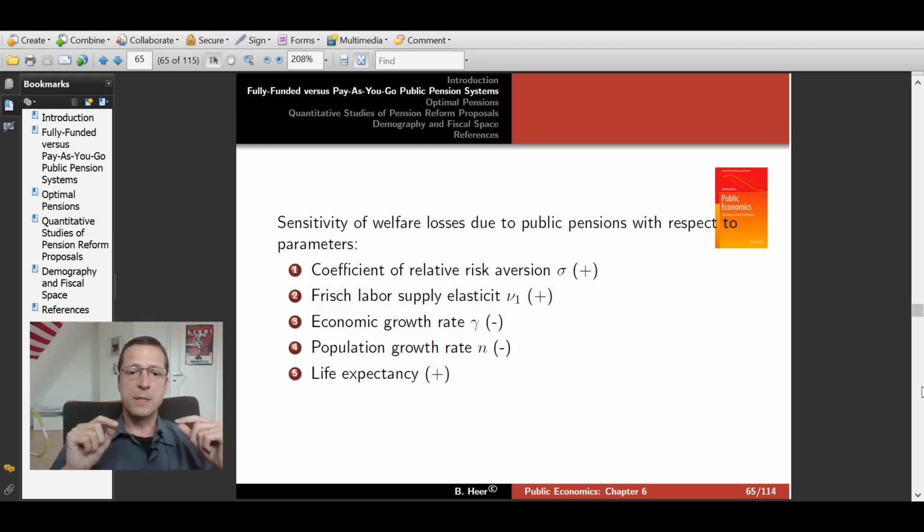In fact, if we consider the year 2020, in our benchmark case, we will find that the optimal pension system has a replacement rate of 10%. So pensions should be about 10% relative to pre-retirement earnings, much lower than we observe empirically.